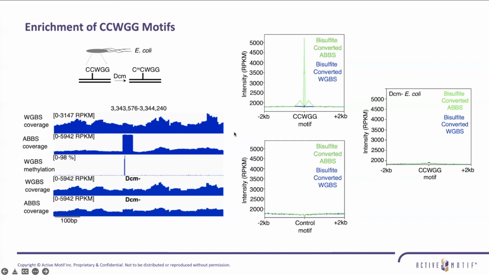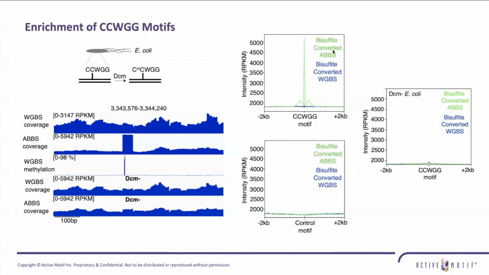This is a genome browser track, but we also wanted to show you some genome-wide data. To do that, we plotted the bigWig signal, the read depth if you will, normalized in RPKM around the CCWGG motif. We can see a big enrichment of the bisulfite converted ABBS sample around the CCWGG motif, which makes sense because that's exactly where methylation occurs.